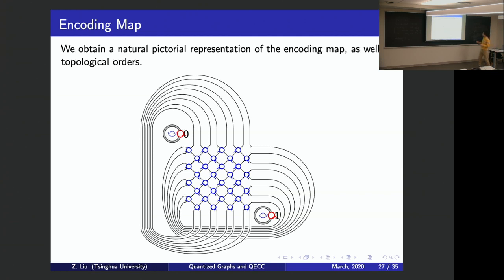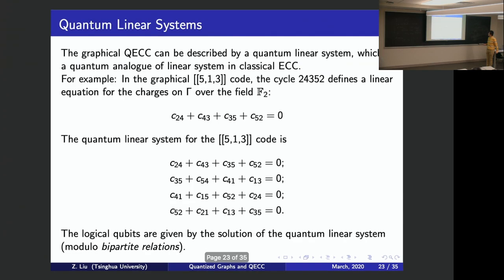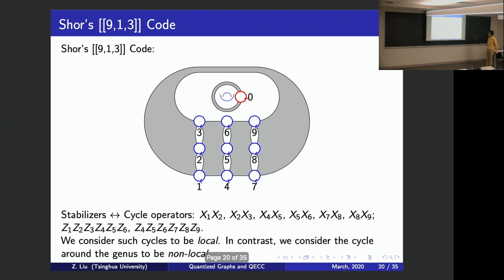But if you have a defect line here, then the new stabilizer becomes this cycle. It's still a cycle on this quantized graph. So all such concepts, even if weird, can be captured by cycles in a uniform way. So that's the toric code, and it has such natural interpretations.